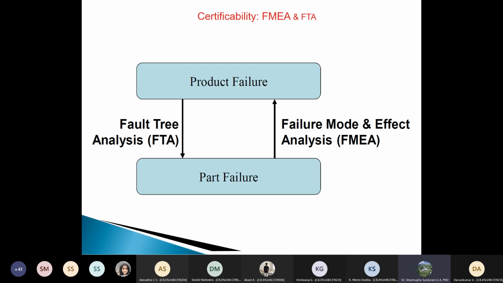So that priority assignment is primarily enabled with the so-called quantification of FMEA using the parameter called the risk priority number. In addition to this, you also have another parameter called the criticality. It has just two terms that go into it, the severity and the occurrence.